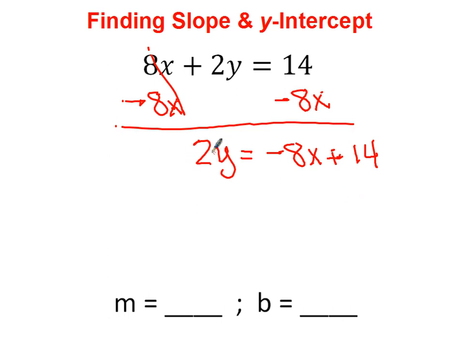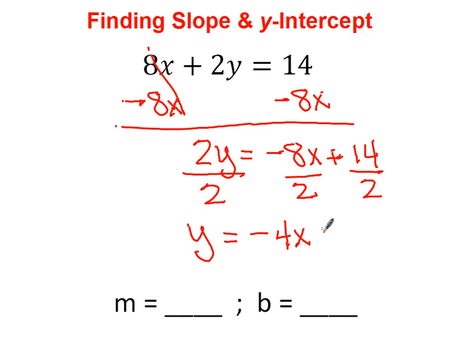Eliminate the coefficient of your y by dividing everything by 2. So y equals -4x plus 7. Since my y is isolated, my slope is -4, and my y-intercept is +7.